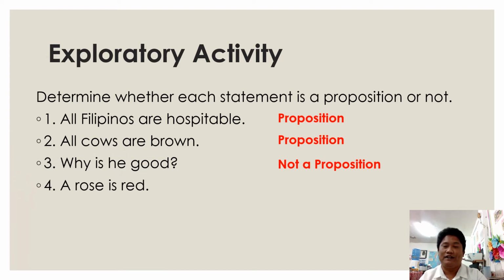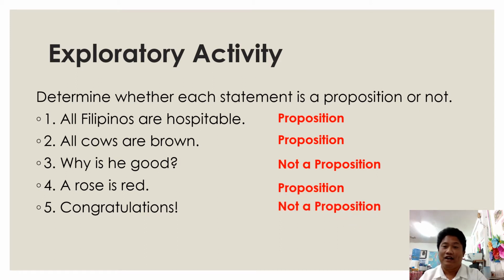A rose is red. Is it a proposition or not? It's a proposition. Then, the fifth one, congratulations. Is it a proposition or not? Not a proposition. So we have here 5 examples of statements, whether it's a proposition or not.